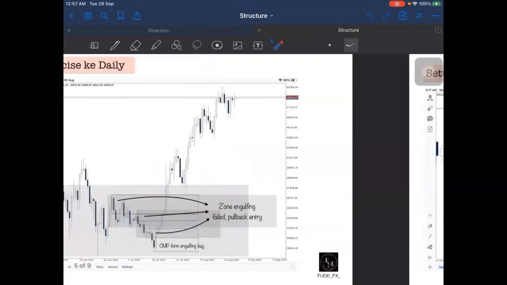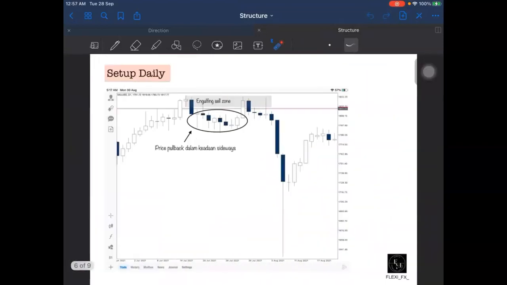So the structure is everywhere, even in daily, H4, H1, M15, M5, even in M1 you can see it. Let's say this one is set up daily, as you can see from here, engulfing sell zone, price pulls back by sideways. If you want to be more solid, of course you need to wait for daily to form engulfing.